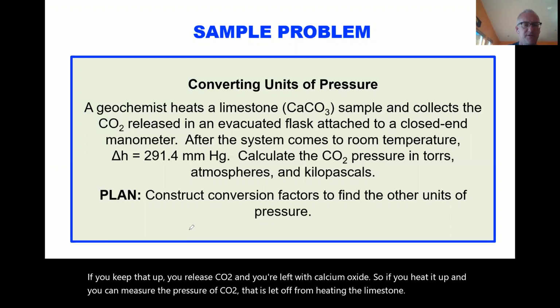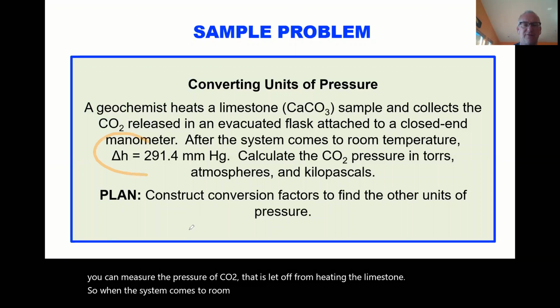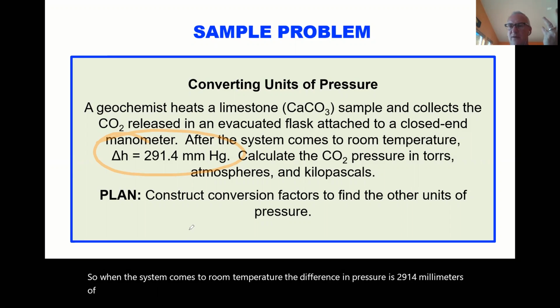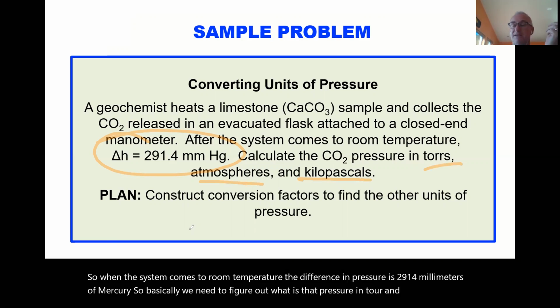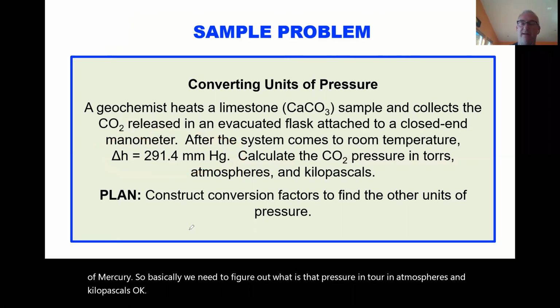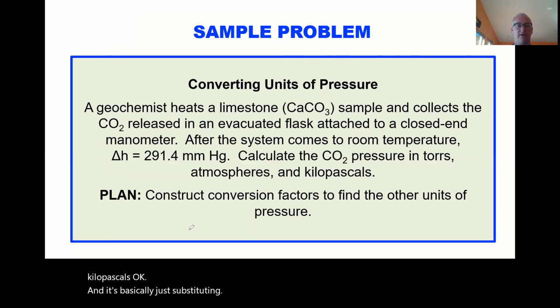When the system comes to room temperature, the difference in pressure is 291.4 millimeters of mercury. So we need to figure out what that pressure is in torr, in atmospheres, in kilopascals. And it's basically just substituting one particular unit for another.